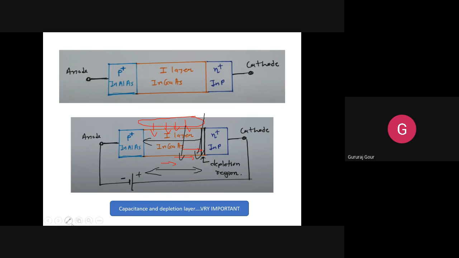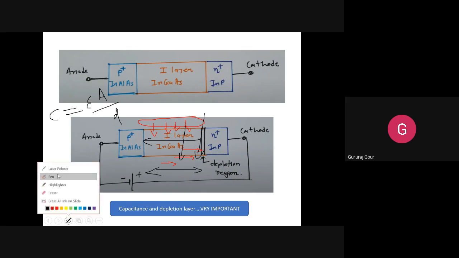You know the relation between depletion region width and capacitance, that is C equals epsilon A by d, where A is the cross-section area, so C is inversely proportional to d. As the width of the depletion region increases, capacitance decreases.